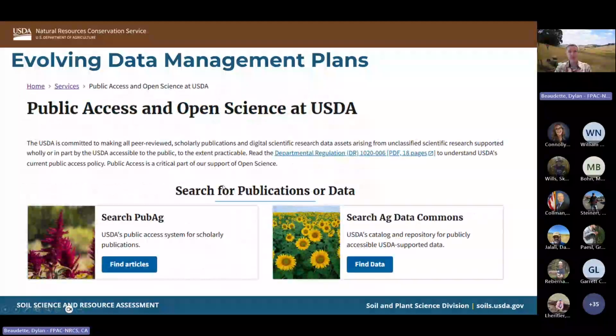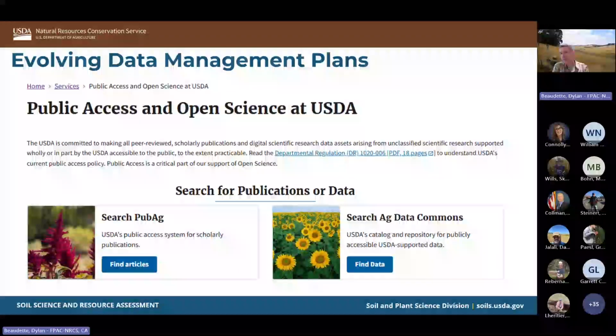So two of the main places where we'd like to see data collected as part of an agreement, or these intermediate pieces, end up is the Ag Data Commons. And that's definitely something that I need to learn more about so I can more effectively communicate to the PIs that I'm working with on cooperative agreements to make sure that these pieces end up there.